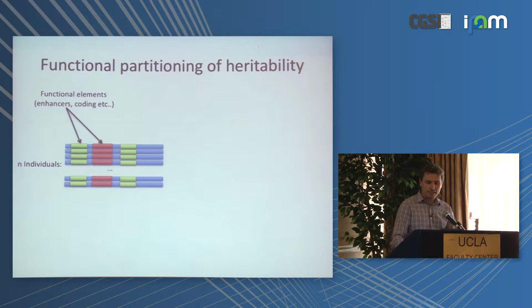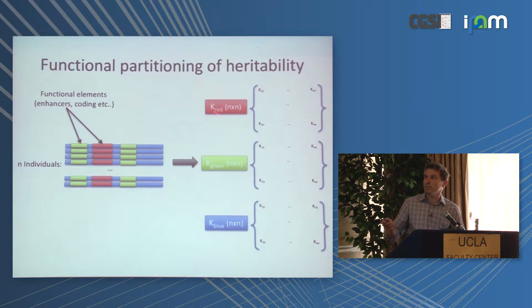And then we can play the exact same game as before, and now instead of just one matrix encoding the relationship between pairs of individuals, we have 3 in this case, or we can have as many as we want, right? This would be the sharing between pairs of individuals restricted to coding regions. This would be the enhancers, and so on and so forth, right?